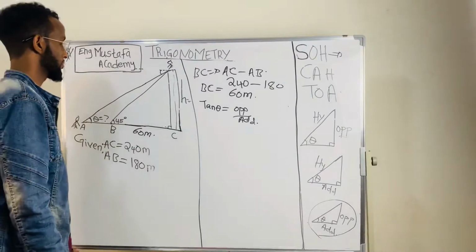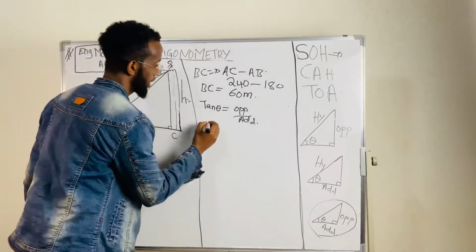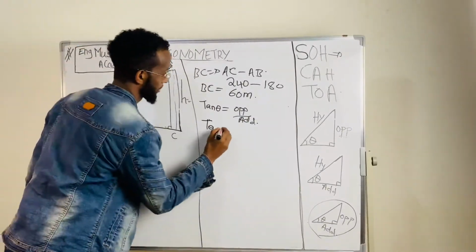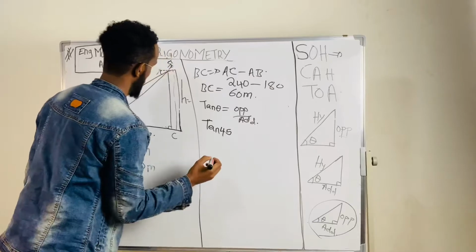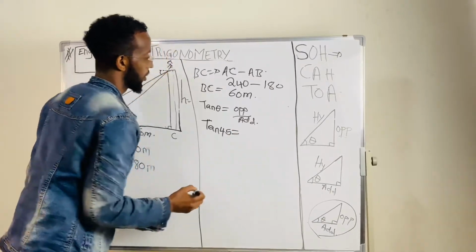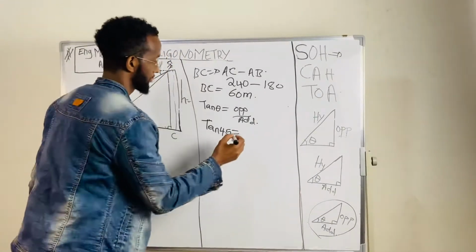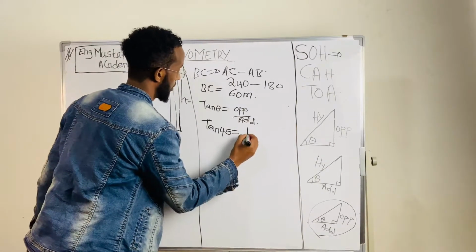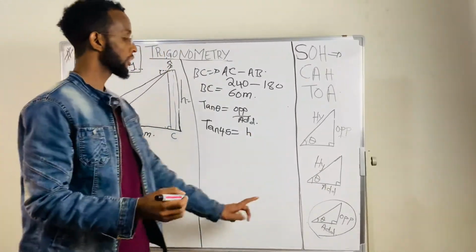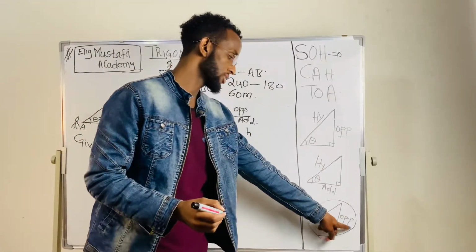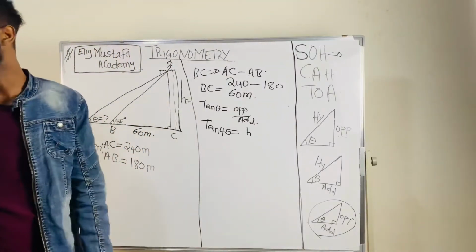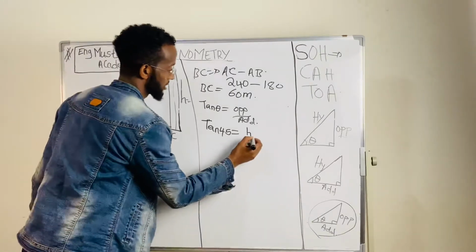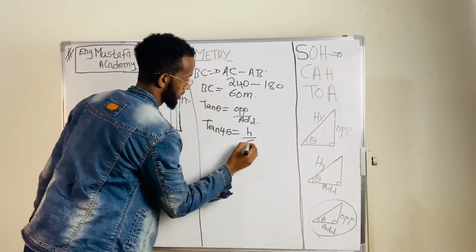So tan of 45 should give us the opposite, which is h. We don't know it, because we need to find one of these, either opposite or adjacent. Good. Then the adjacent is 60 here.